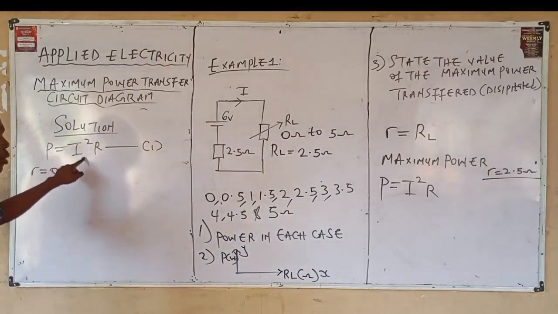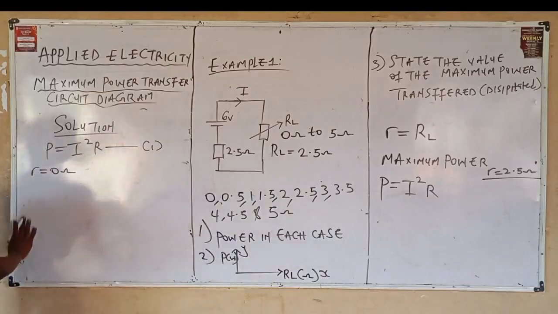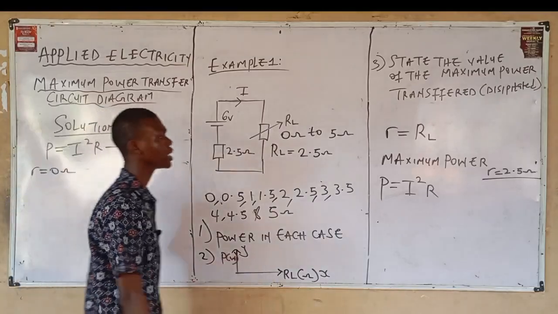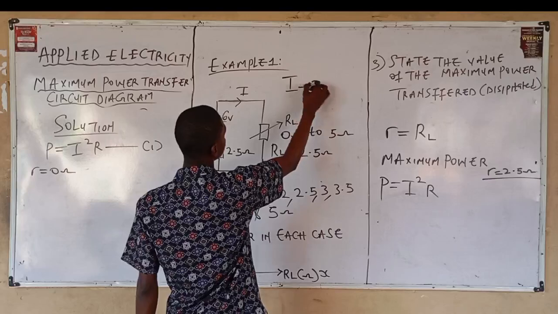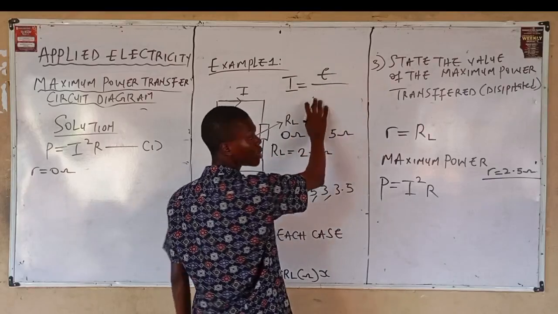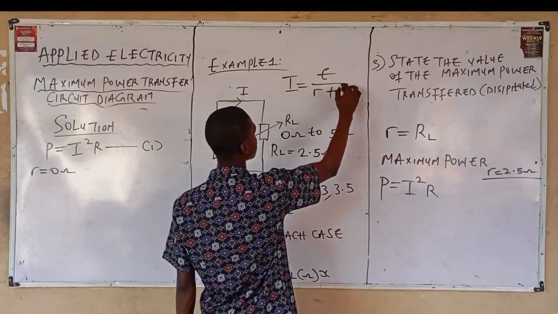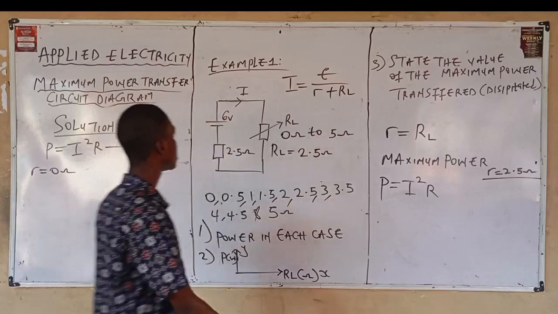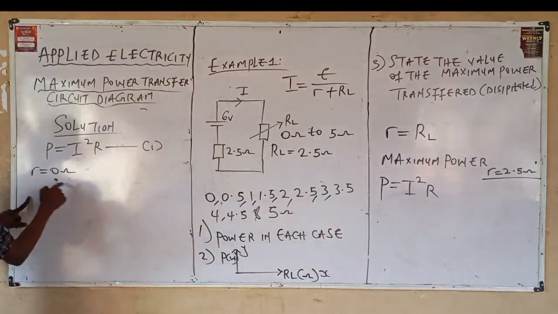In this case, I need my R. What's the formula for I? Mathematically, in maximum power transfer, I is given as E all divided by the internal resistance plus the load resistance. Now from here, let's solve for I.